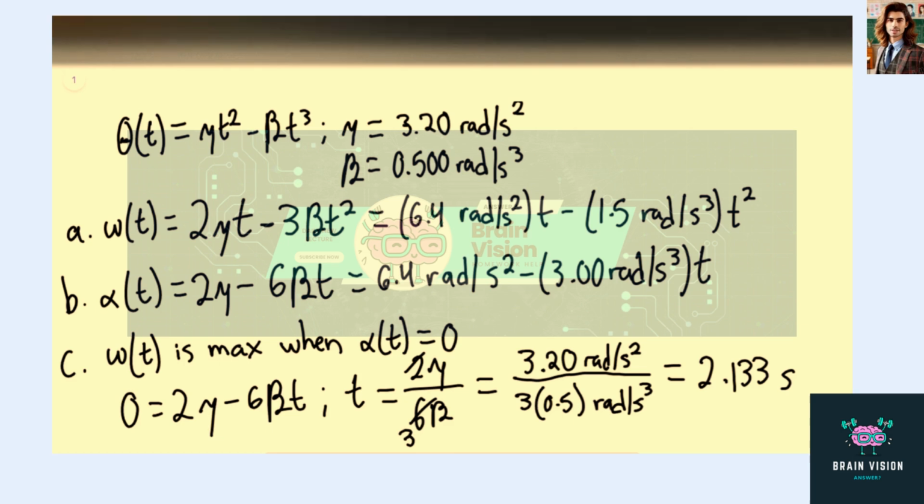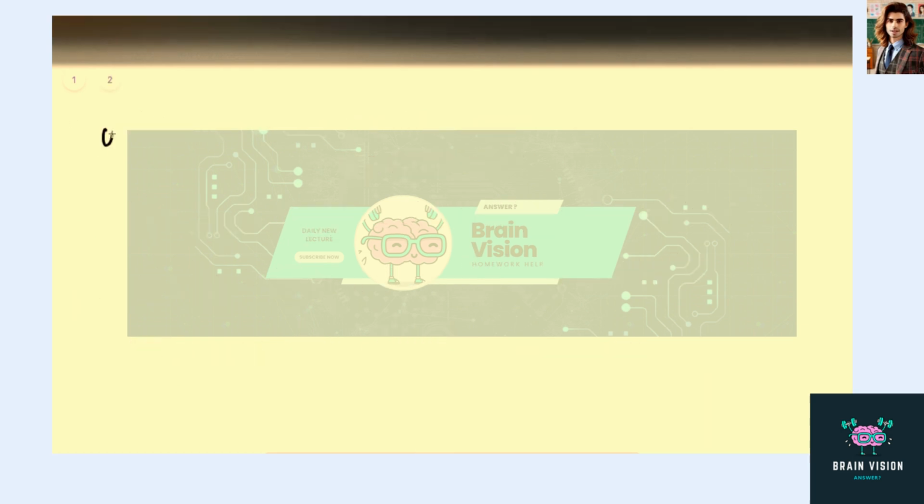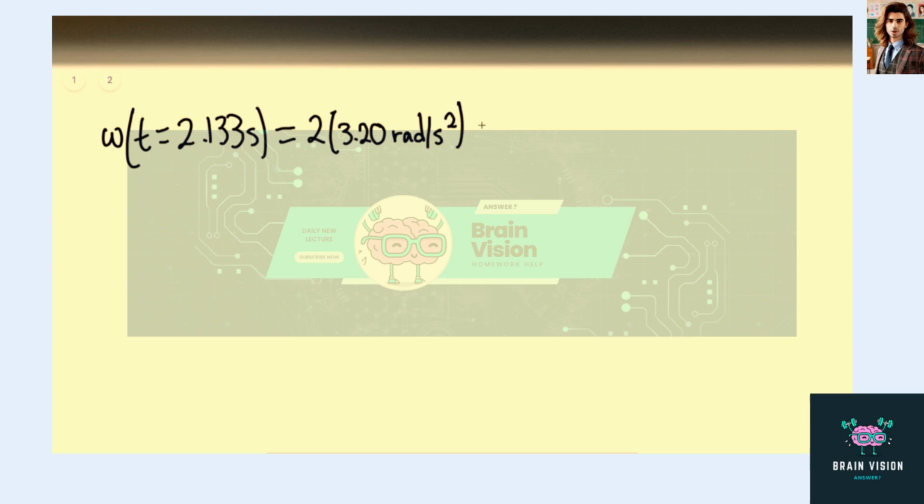So at that point, we can say that omega at t equals 2.133 seconds is going to equal 2 times 3.20 radians per second squared times t.